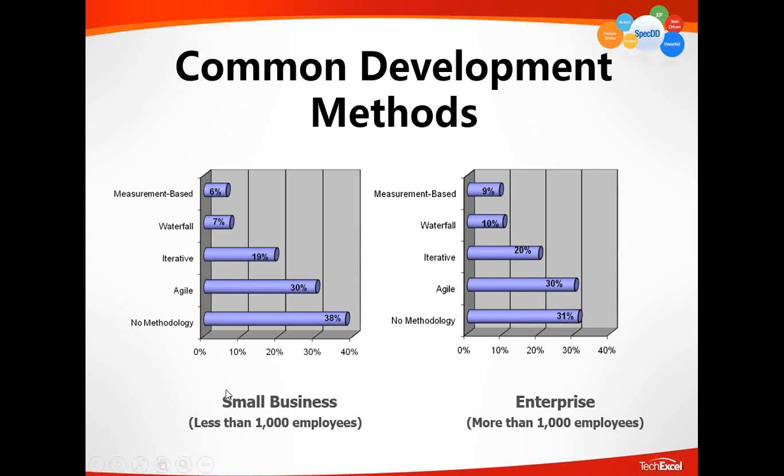30% of the small business teams use agile methods, 19% use iterative, 7% use waterfall, and 6% use measurement-based. Measurement-based also includes CMMI, this kind of method. For enterprise, the bigger company development teams, the numbers are similar: 30% use agile, and iterative is 20%.